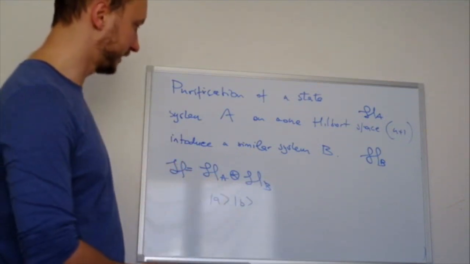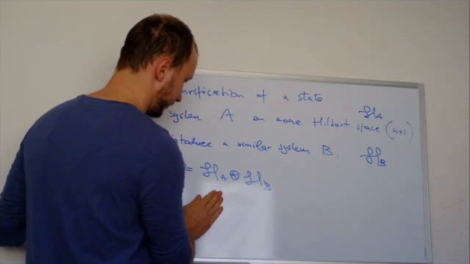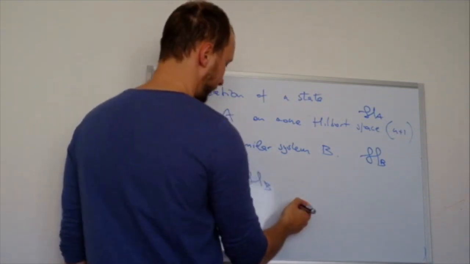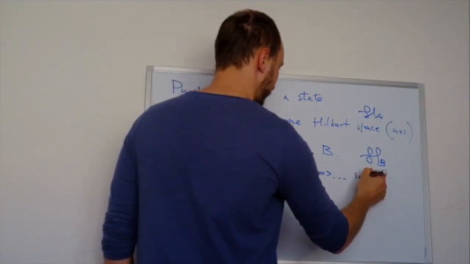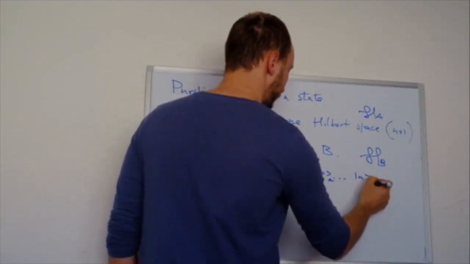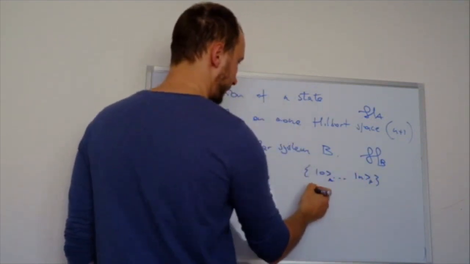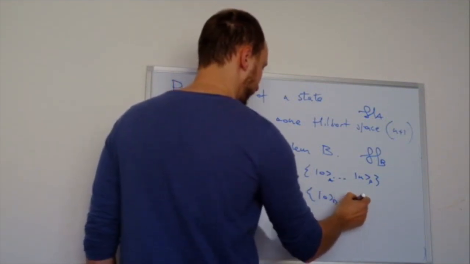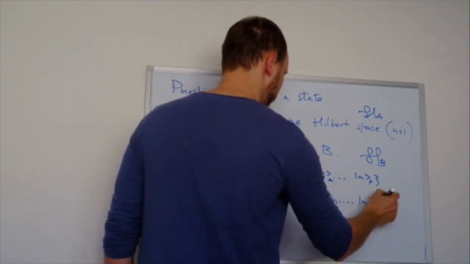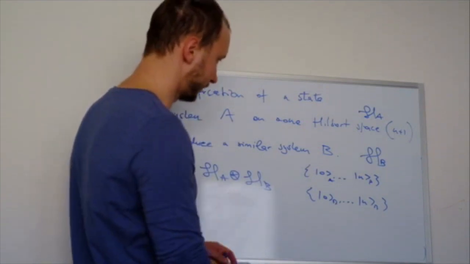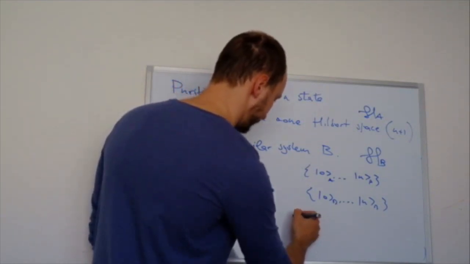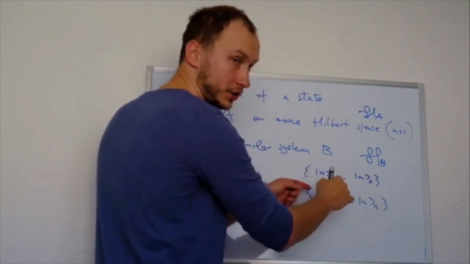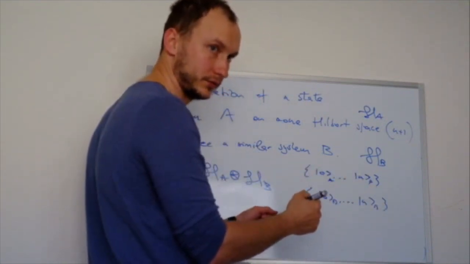In other words, we have the tensor product basis. If you have a basis 0 to n for Alice, and we have the same for Bob, then the basis for the tensor product Hilbert space is given by all the combinations thereof, because they are all orthogonal.